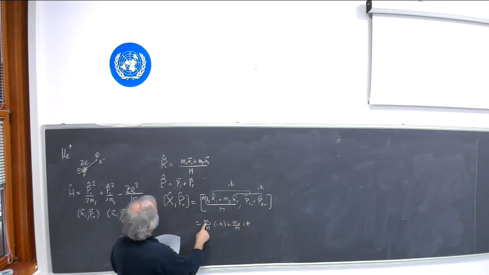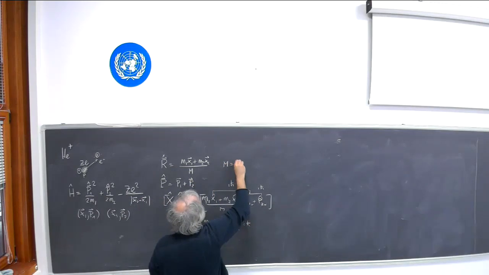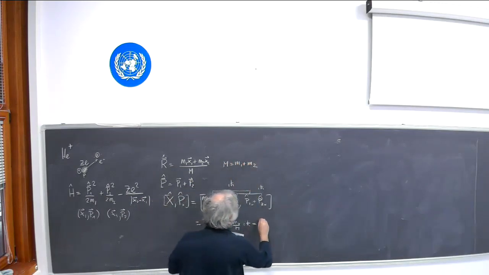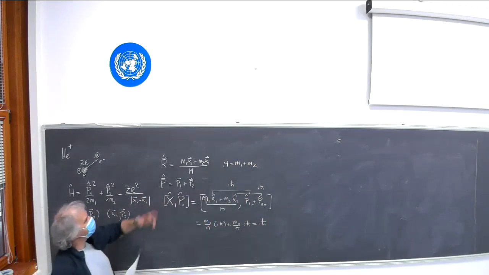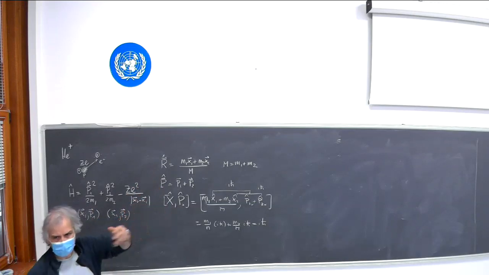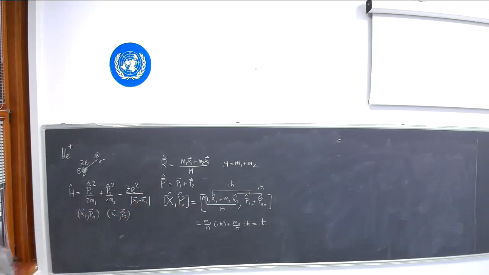But M1 plus M2 is equal to M, the total mass. So you see that this is indeed i h bar. So it looks like center of mass and total momentum indeed seem to be conjugated there.